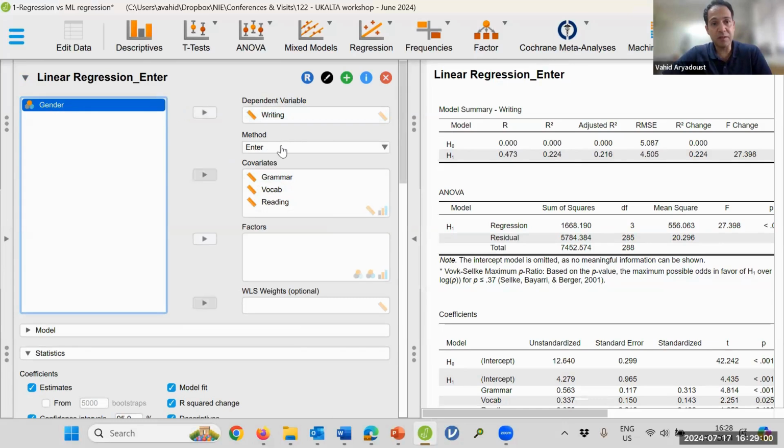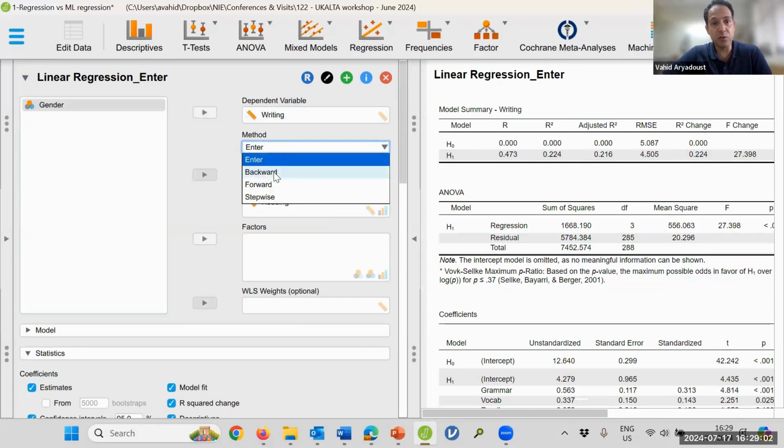Then there are some methods here: enter, backward, forward, awkward, stepwise. I mean, awkward is not a method, obviously. And covariates and factors. I have got covariates here and factors, and I'm sure you know the differences between covariates and factors. Well, let me ask you, what is the difference between covariates and factors in regression? Can anyone tell me?